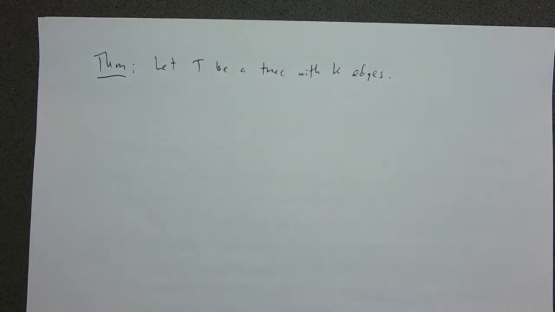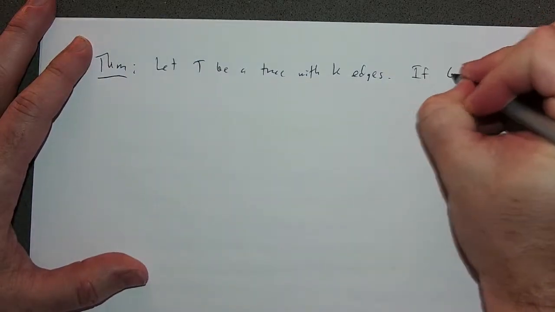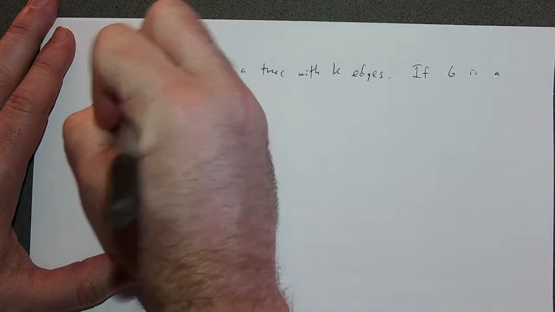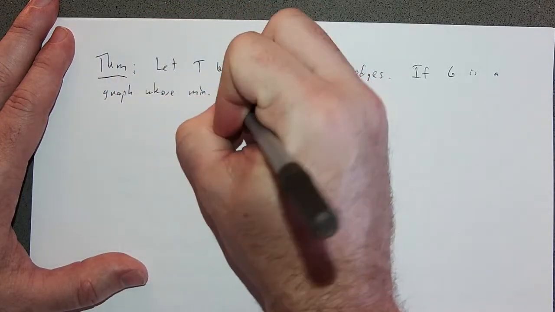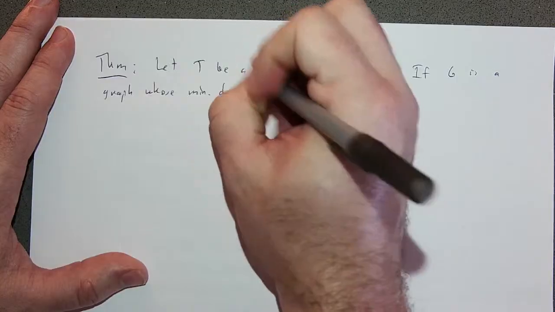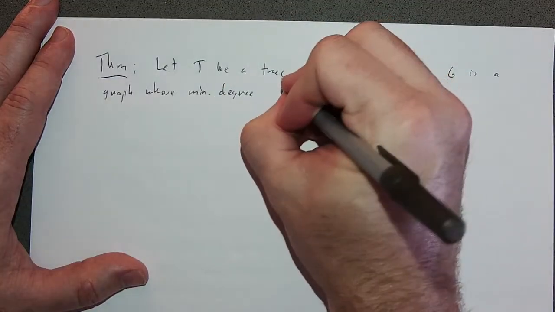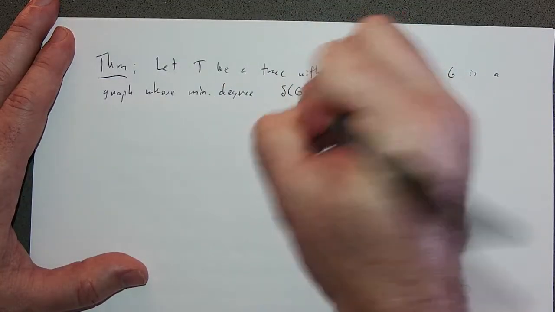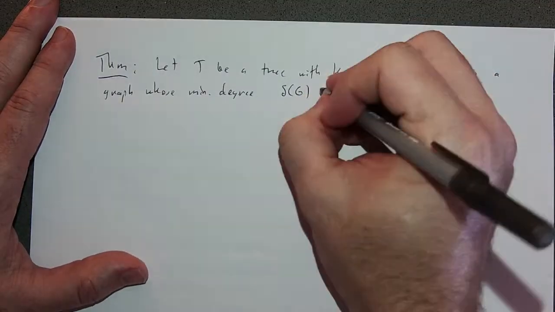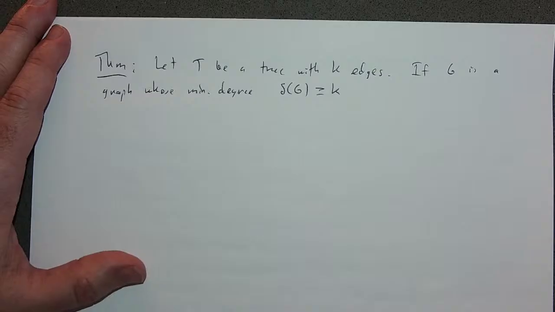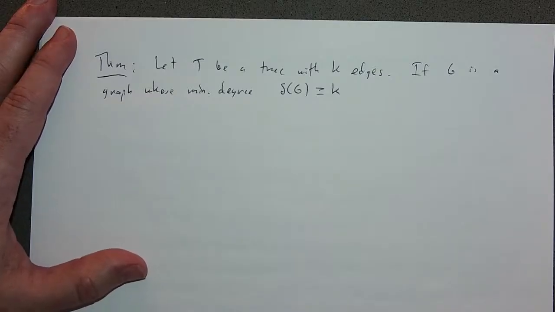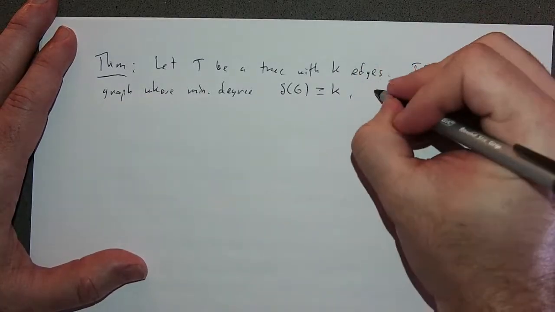If G is a graph whose minimum degree, which we use lowercase delta to define, satisfies that it is greater than or equal to K, then G contains T as a subgraph.